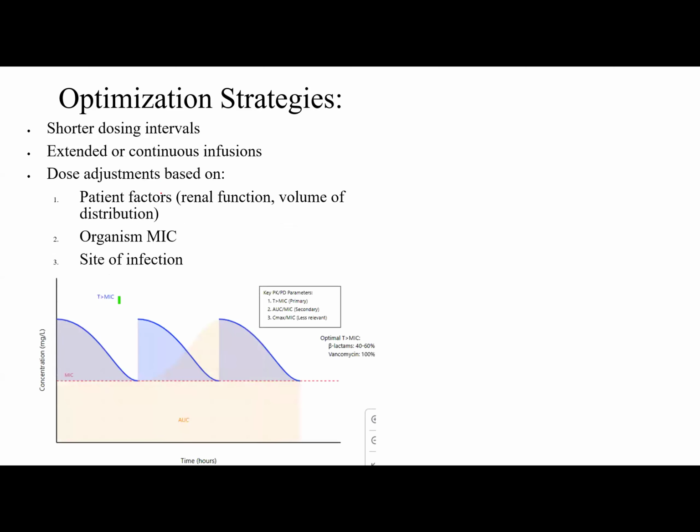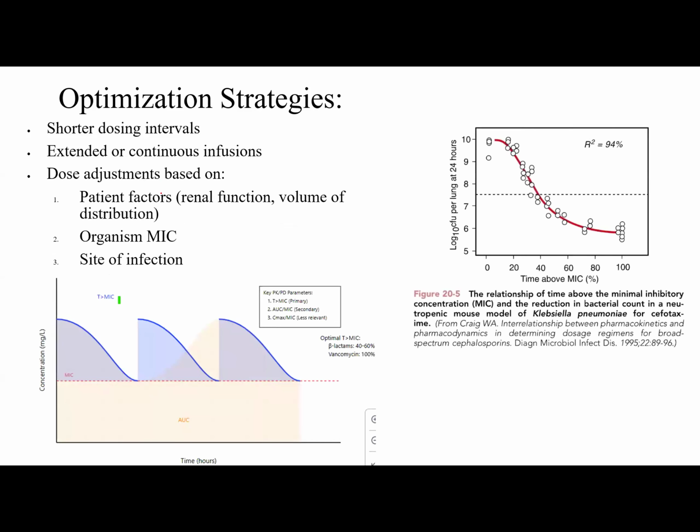Okay, so coming to the understanding of what I mean by the 40 to 60%. This is one of the trials which was done to understand this particular concept of maintaining the time above MIC for more than 50%. Okay, if you see the tissue growth of a bacteria in a lung, this is what is compared with time over MIC.